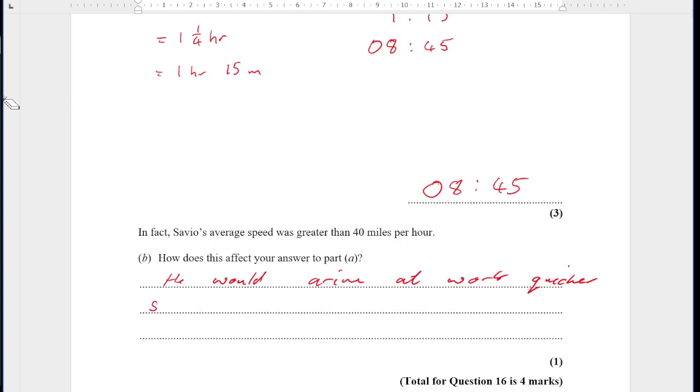Let's just change that. He would arrive at work quicker. So he would arrive earlier.